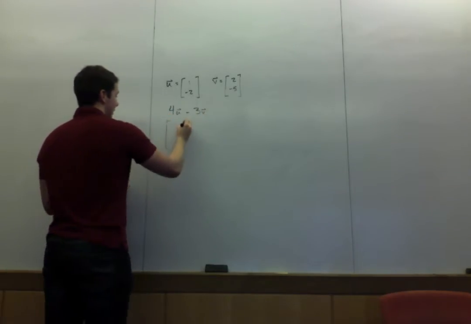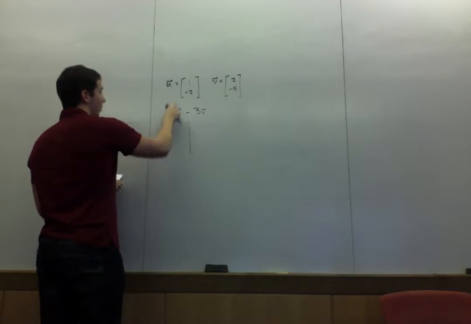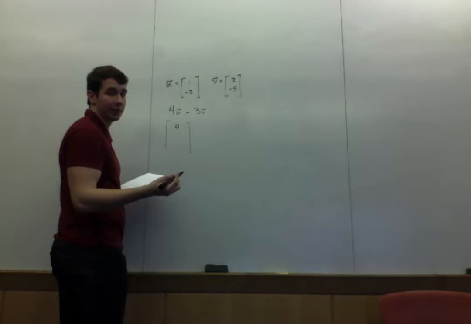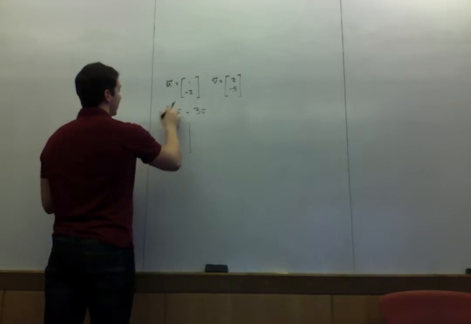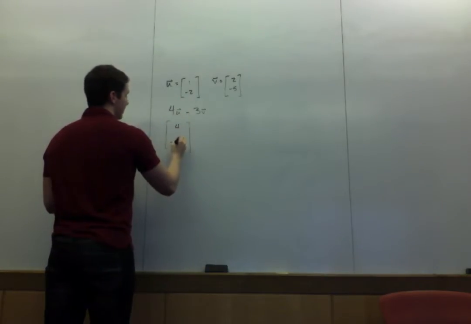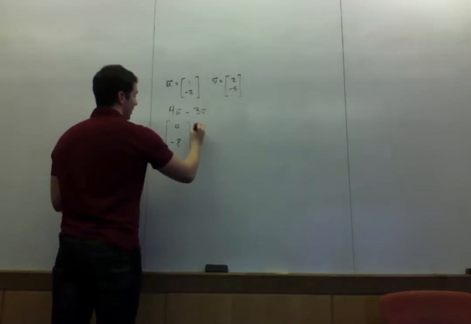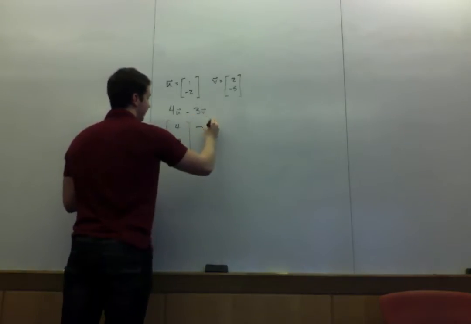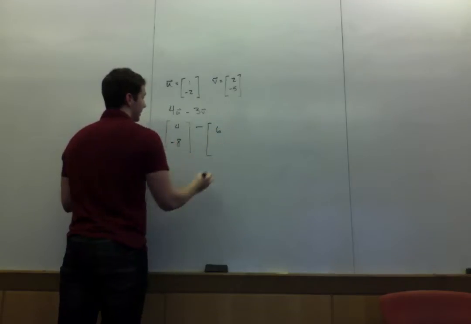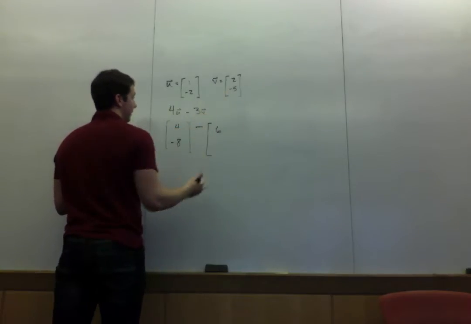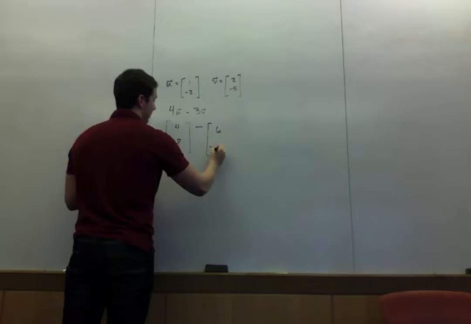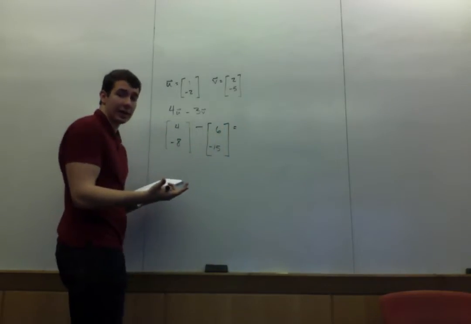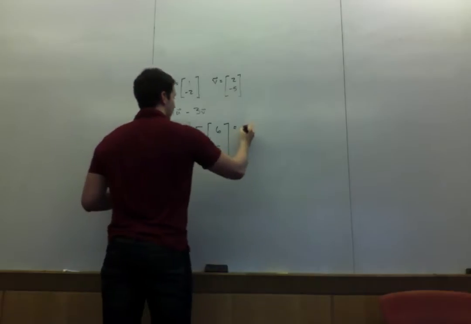So our scaling is pretty simple to see. 4 times 1 is just 4, so our first element in our scaled u is 4. We have 4 times -2, so -8. And let's throw our minus sign right here. 3 times 2 is 6. 3 times -5 is -15. And then just as before, we can add these together, sort out our elements.